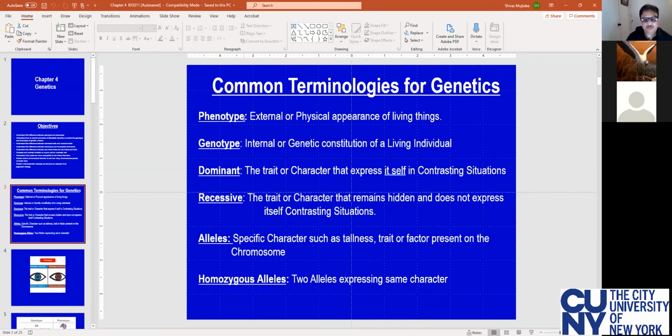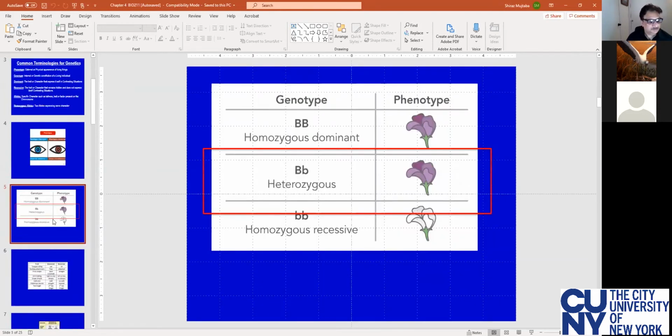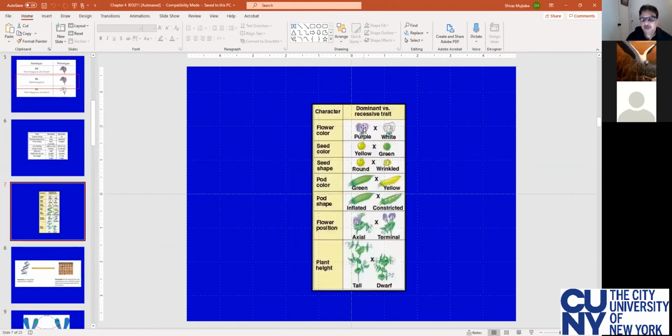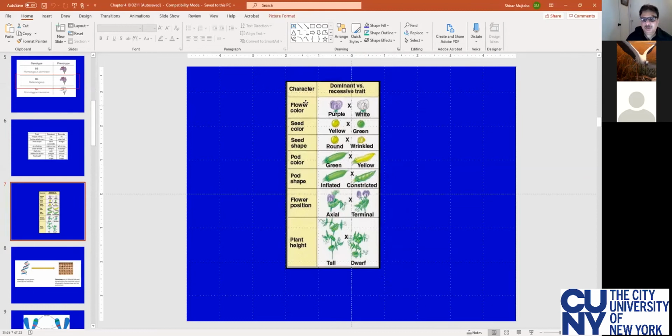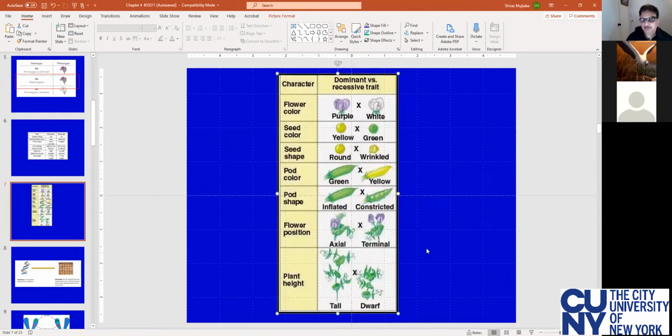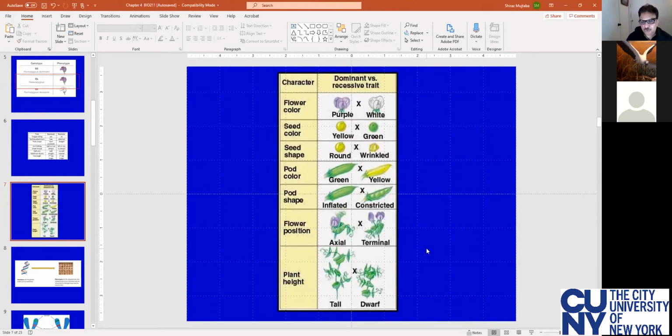So what is phenotype? Phenotype is the external physical appearance of a living thing. For example, in case of plants, you can look at the height of the plant. It could be tall, it could be short. You can look at the color of the flower, the color patterns of the leaves.